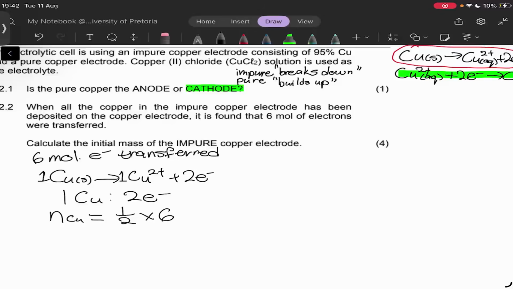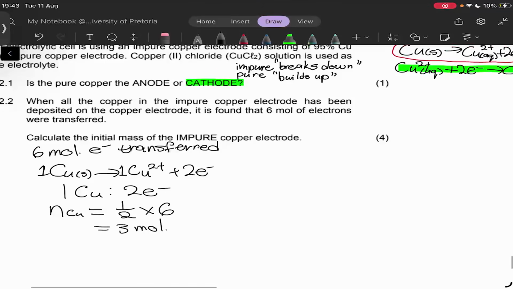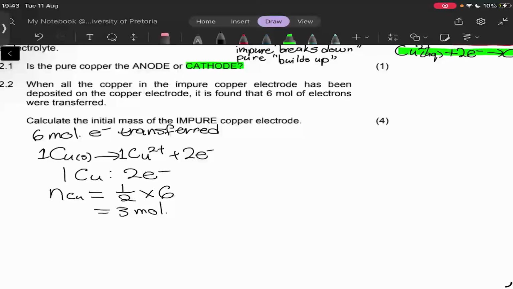The 6 comes from the moles of electrons. And so the moles of copper in this case is just going to be 3 moles. Are we good on that so far? I looked at the ratio between electrons and the actual copper, in this case for the impure copper electrode. Okay, great. Seems as though everybody's on the same page. And now I know I have 3 moles of copper.